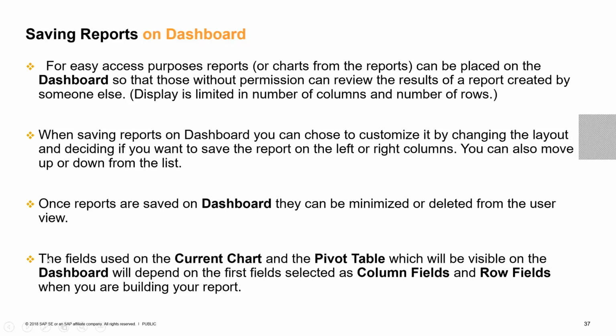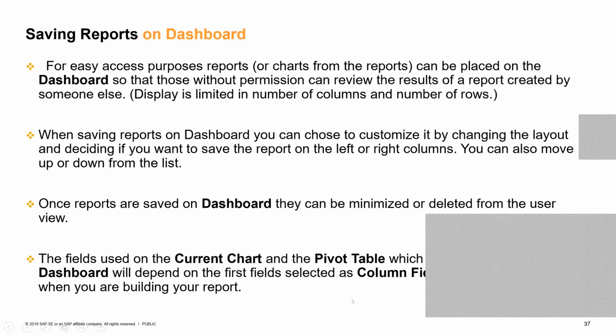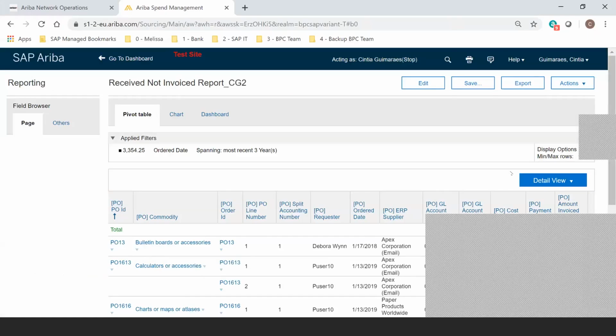One important thing to remember is that the fields you use on the current chart and the pivot table will be visible on the dashboard, but it will depend on the first field selected as column fields and row fields when you're building your report. So let's take a look at that.